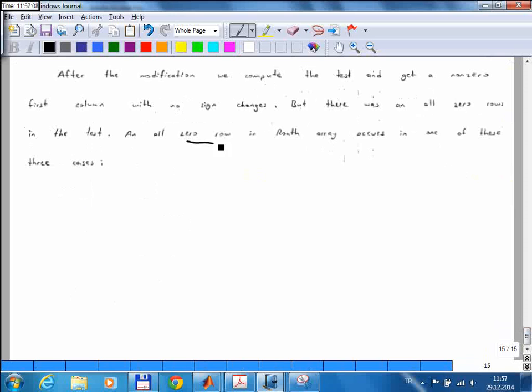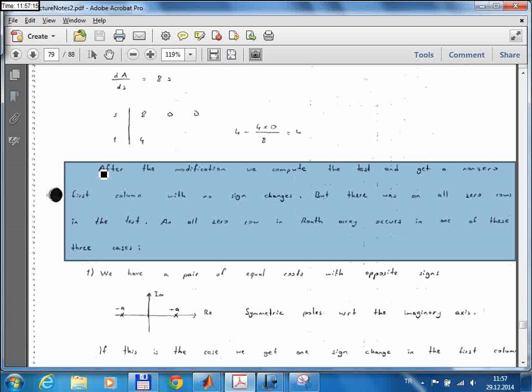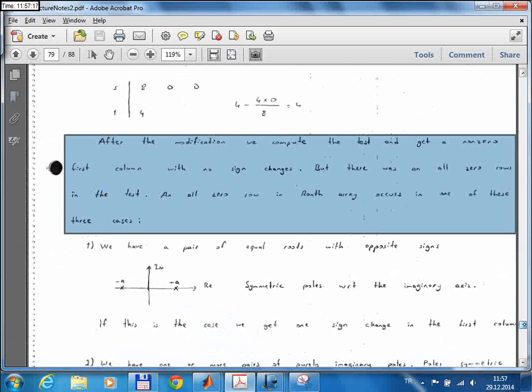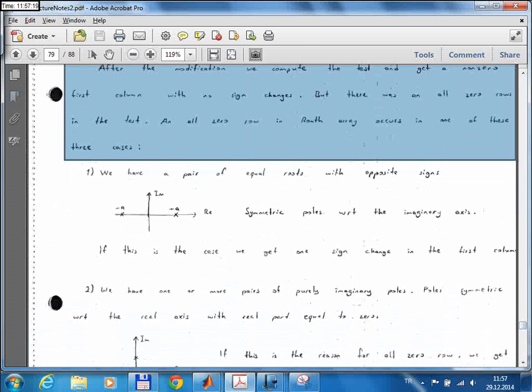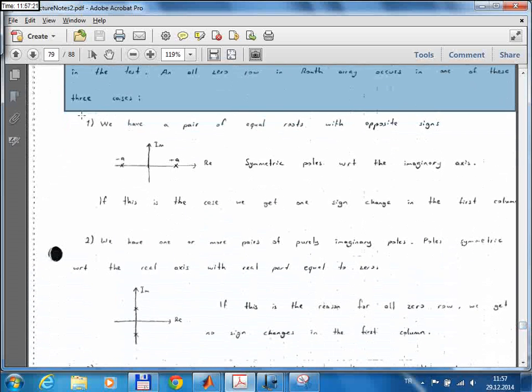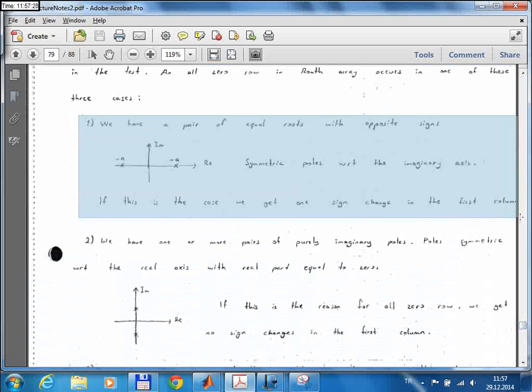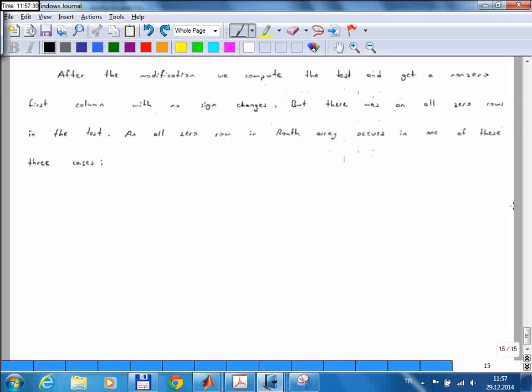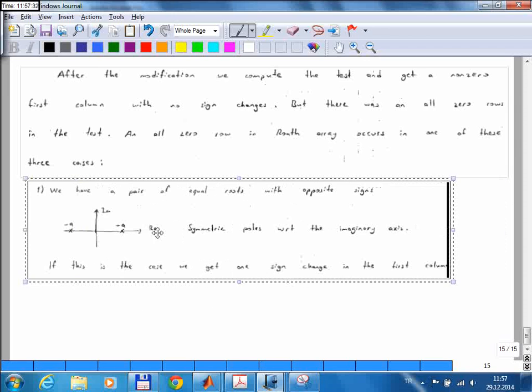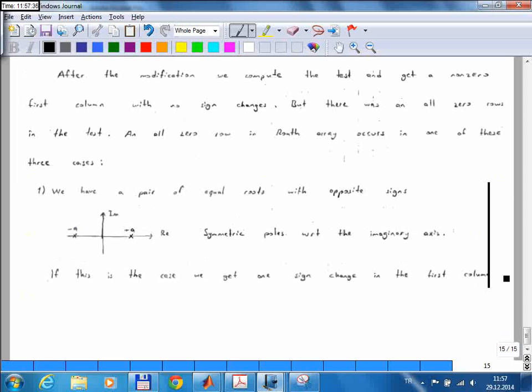And an all zero row in the Routh array occurs in one of these three cases. So again, having an all zero row happens in one of three cases.